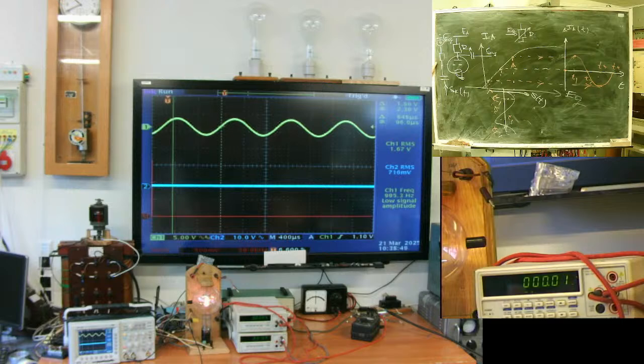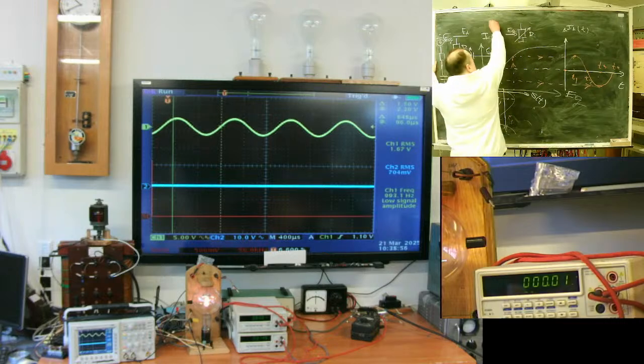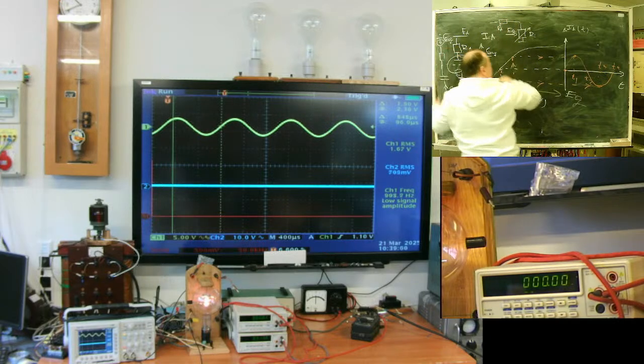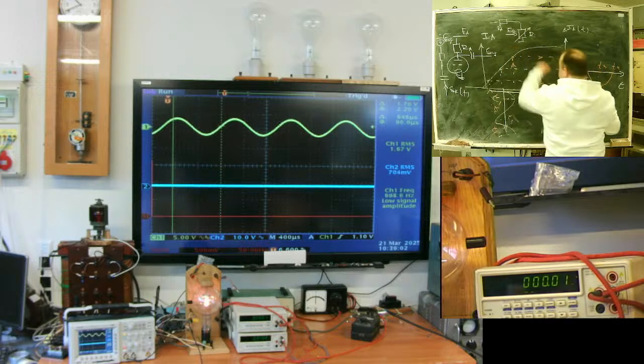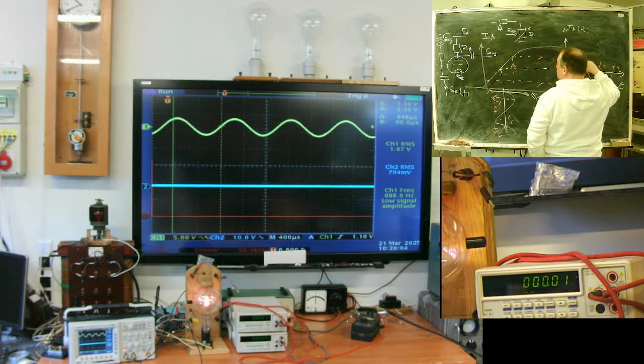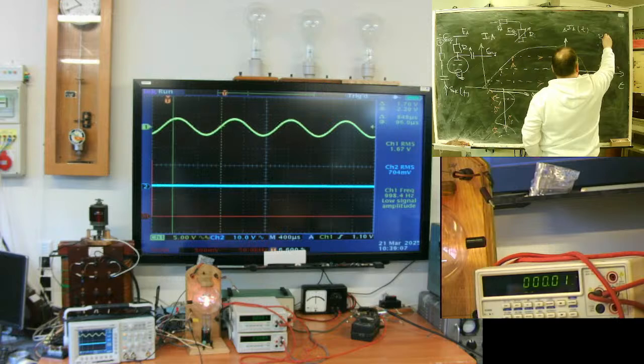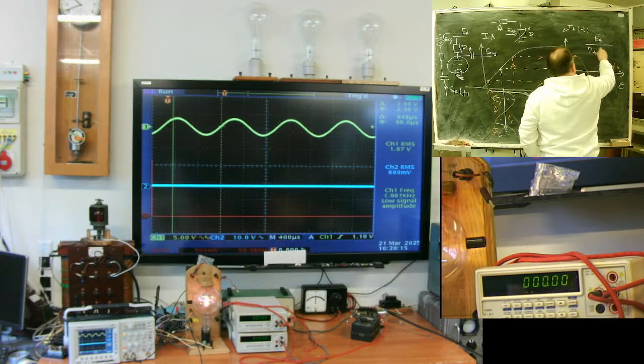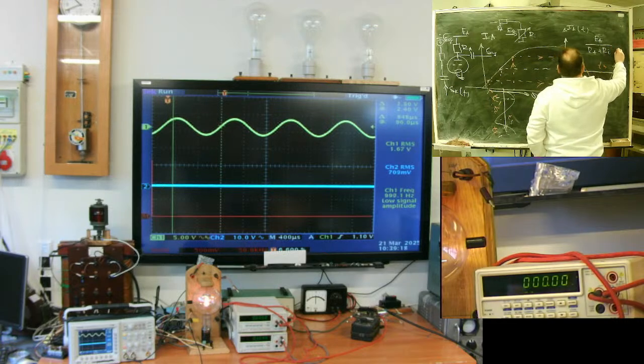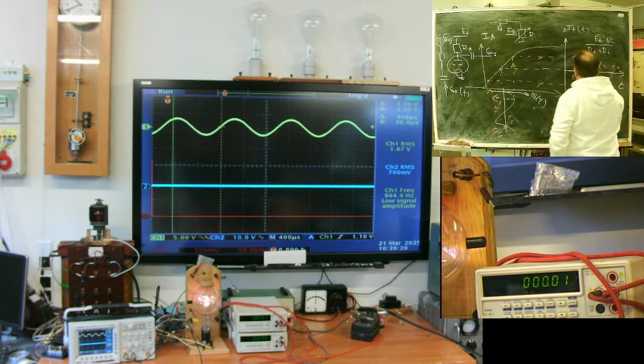What will be the output voltage? I have a divider. Here is the divider. Divided by L plus Ri and multiplied by Ri.